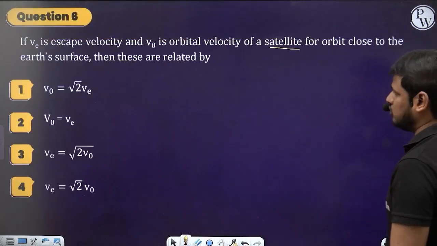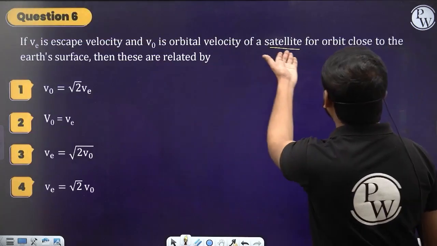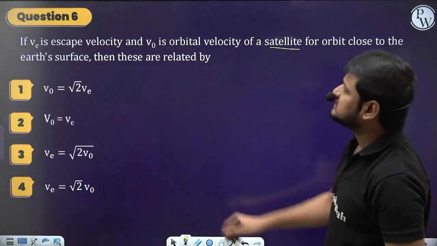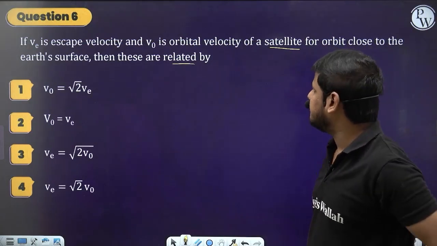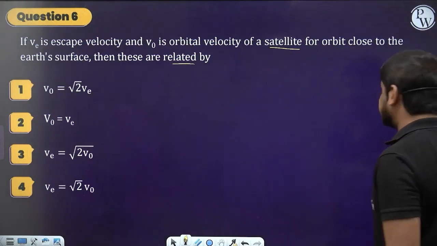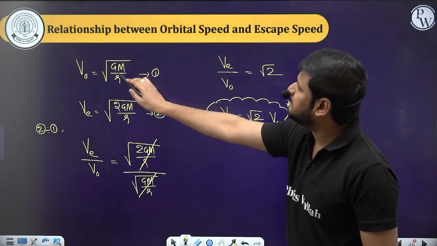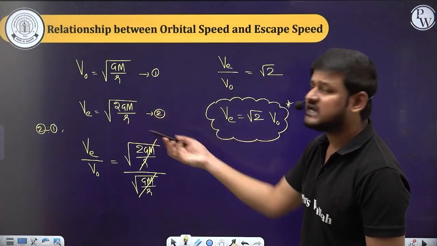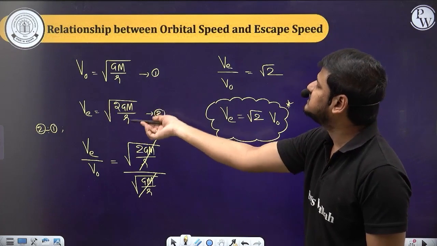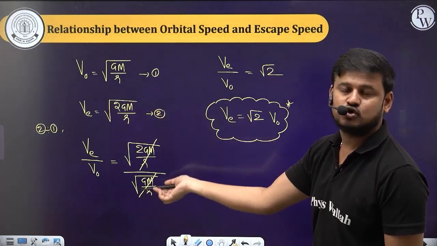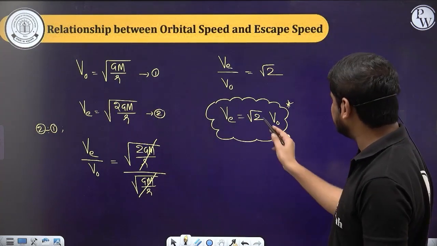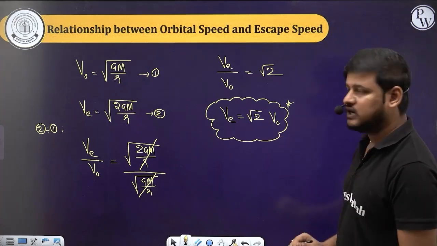What about a satellite orbiting close to the Earth's surface? Then we can write GM by capital R, and here 2GM by capital R. Again root over GM by R gets cancelled, and we are left with root 2 only.